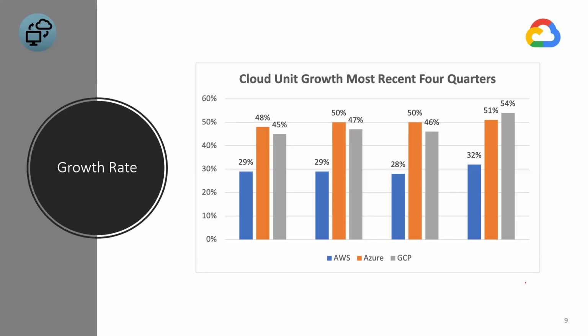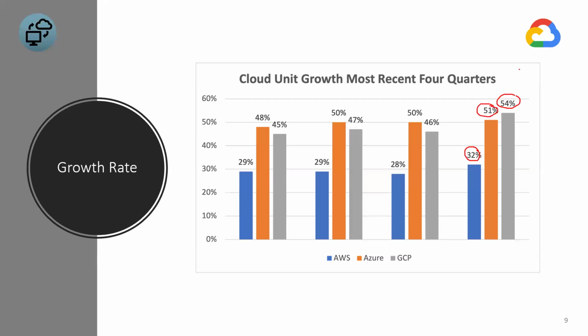Compared to AWS and Azure, Google Cloud Platform is at 54%. You can see here, that means 54% of the companies started using Google Cloud Platform. AWS was only 32% and Azure was only 51%.